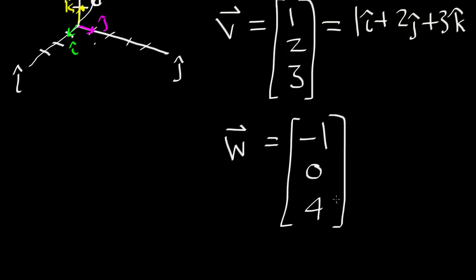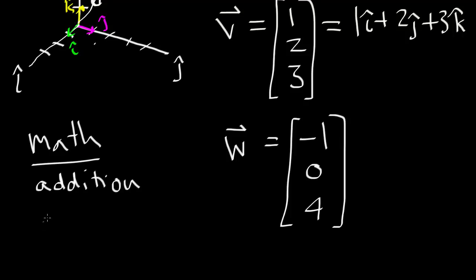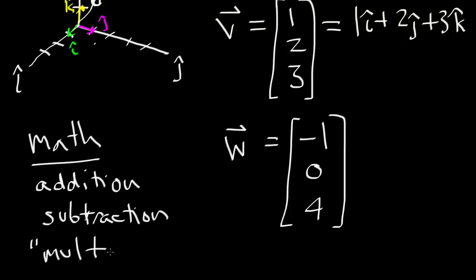And the reason I'm specifying a second vector is we're going to start doing some math operations. Okay? So what can we do with vectors? We can do addition, subtraction, and then I'm putting quotes around this, and I'll show you why.